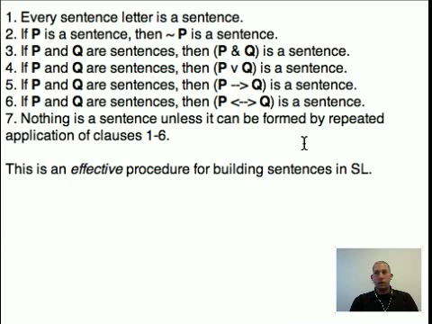Let me end by making a point about some conventions that we will use. When we have a sentence like A and C, notice that I haven't used the outside parentheses here. One of the major conventions we use is that if the parentheses are on the outside, you're allowed to drop them.